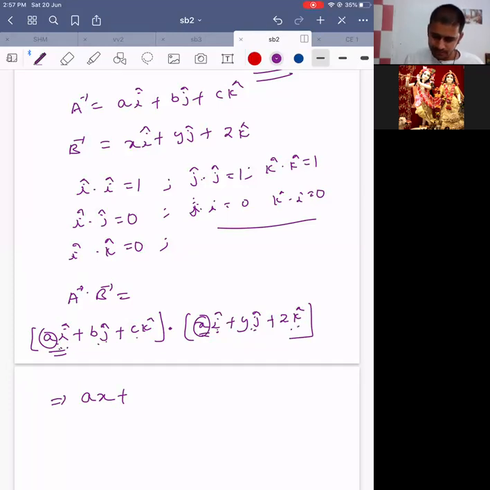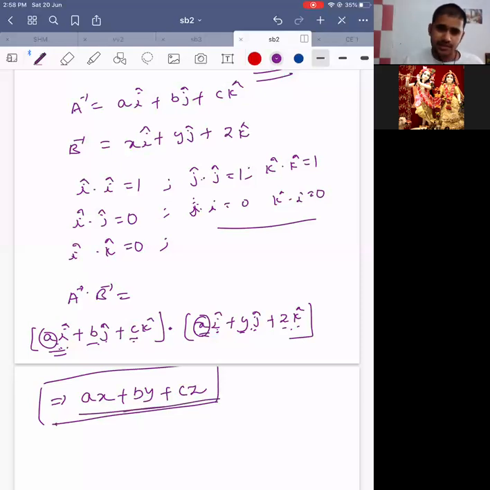So a x, next b y, plus c z. Now the answer we got is a x plus b y plus c z. We'll see examples also. This is the scalar form.